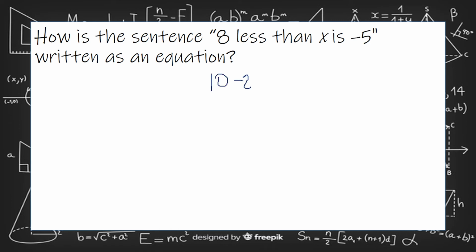So if it's 8 less than that, it's going to be 8 less than what you have, which is x. Is means equal, negative 5. So when it's less than, they swap places, and the 8 goes second. 8 less than x equals, or is, negative 5.